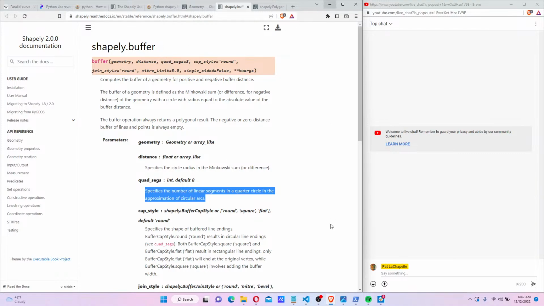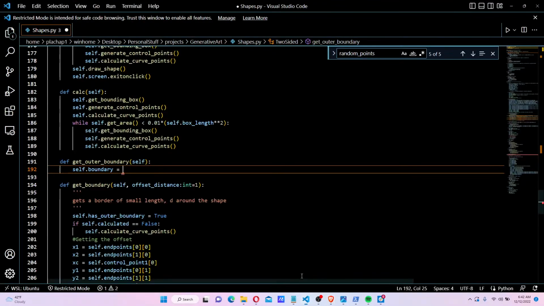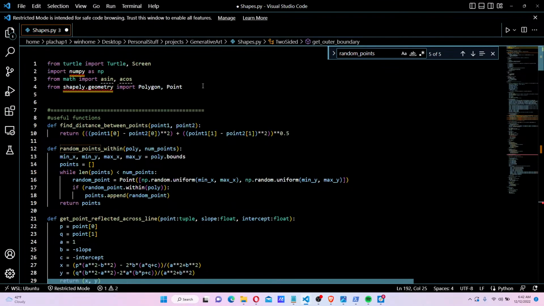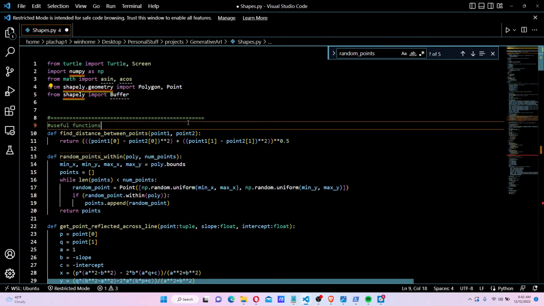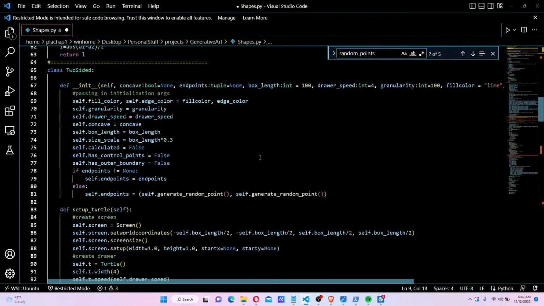From Shapely import buffer. Okay, now we have buffer.